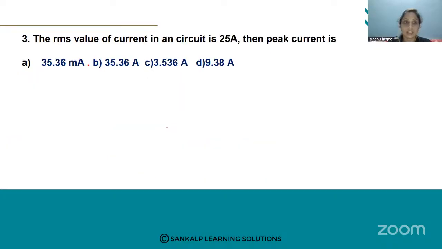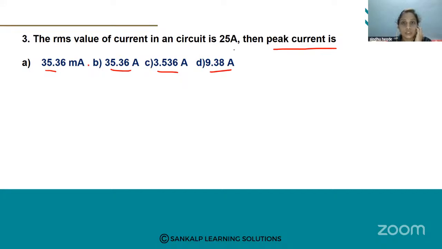Okay, next one. The RMS value of current in a circuit is 25 ampere. Then peak current is: A 35.36 milliampere, B 35.36 ampere, C 3.536 ampere, and D 9.38 ampere.